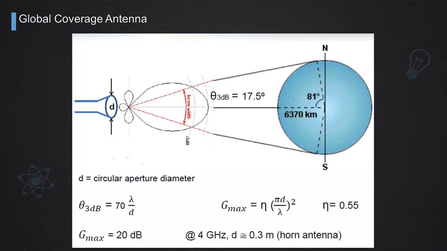We can consider an overall efficiency, including ohmic and radiated loss, of let's say 50%, 55%, which is a good and reasonable value. What we get if we consider a frequency of operation at 4 GHz is a maximum obtainable gain in this geometry of the orbit of 20 dB, which corresponds to a diameter of a circular aperture of 0.3 meters.